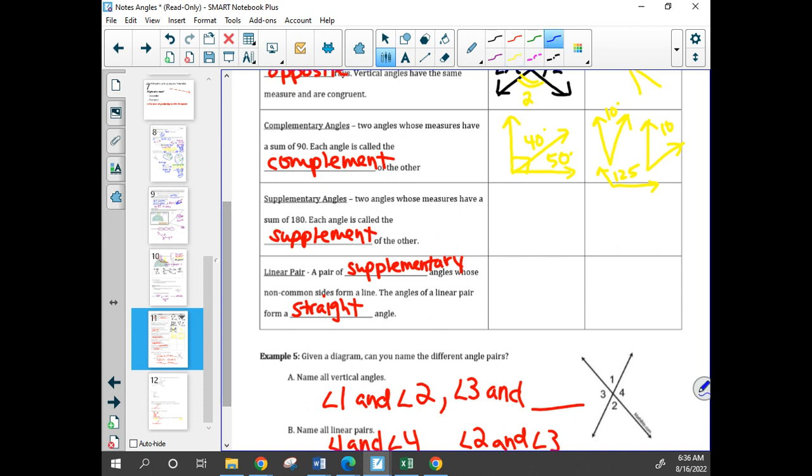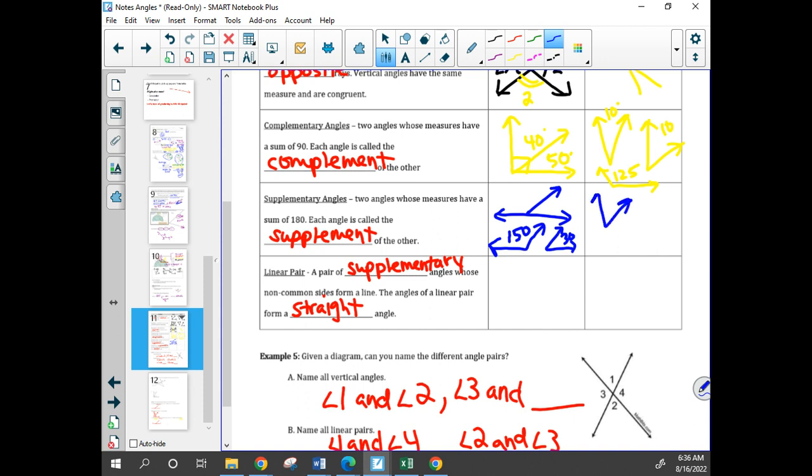Supplementary makes a nice straight line. So either they're going to be a straight line in the picture, or they'll give you angle measures and say this is 150, this is 30. Either of those is supplementary. They just have to add to 180. If it does not add to 180, it's not going to be supplementary.